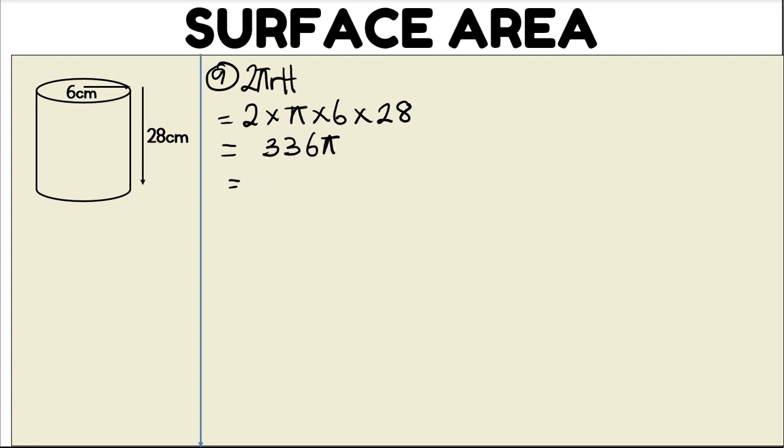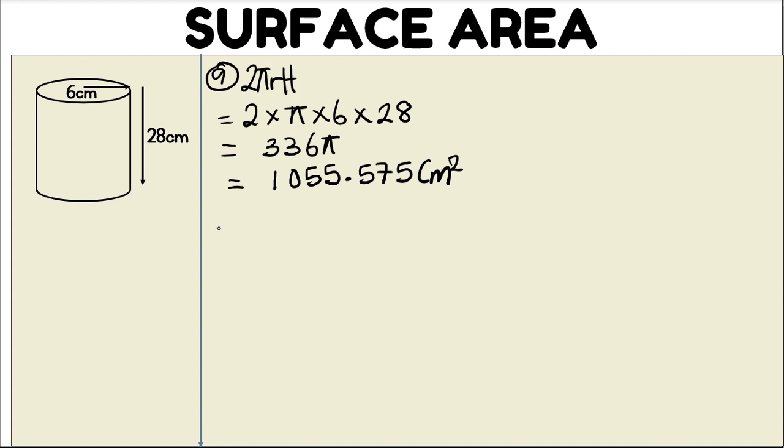And that will be equal to 1055.575 cm square. So remember, we are still on area. That is why our unit should be in cm square, because areas are measured in square units.